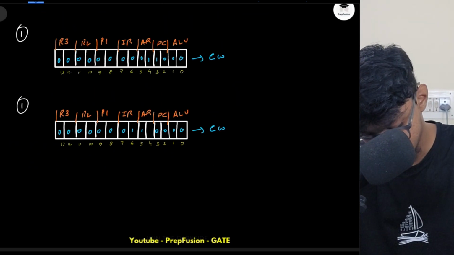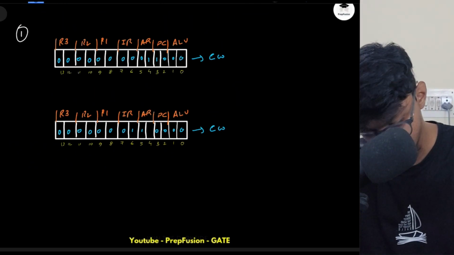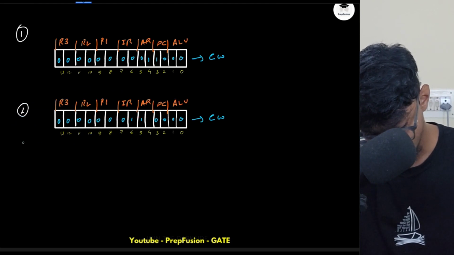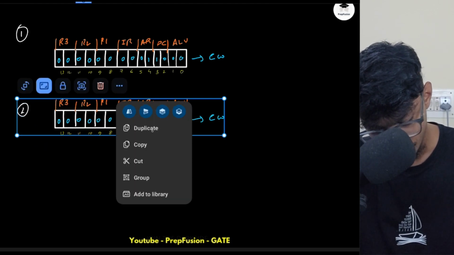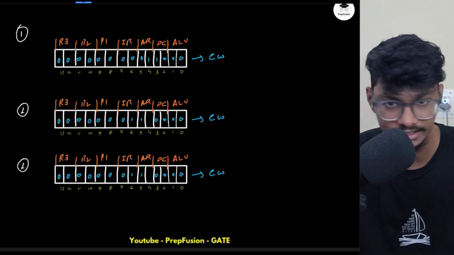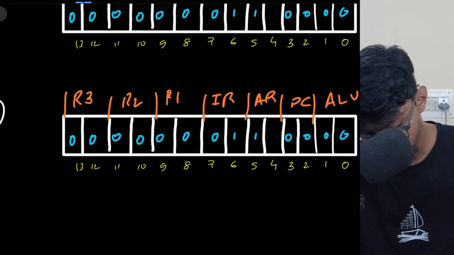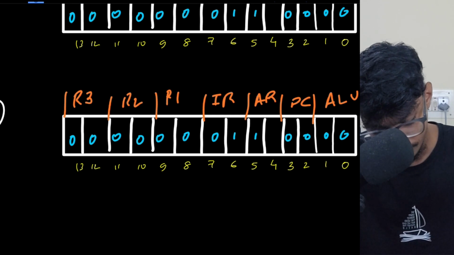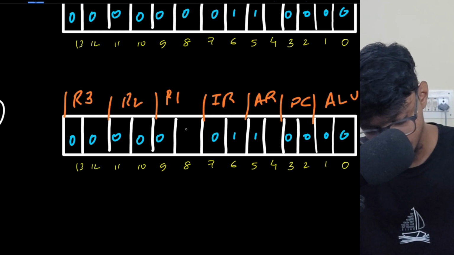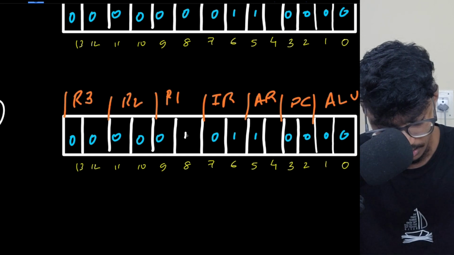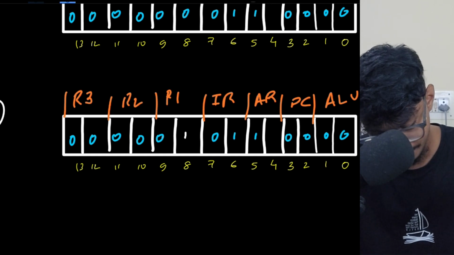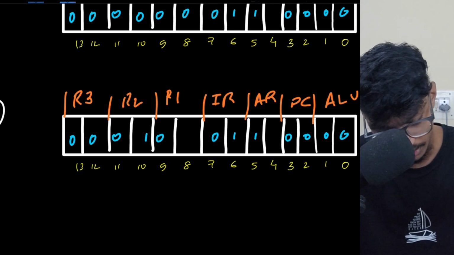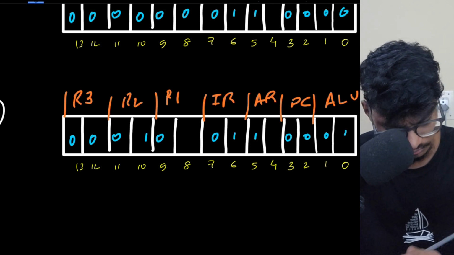I'm just giving you a high level example. In the next cycle, we will decode. The control unit has understood the instruction, so it has decoded. It will take input from R1, so R1 out will be 1 and ALU in will be 1, right?